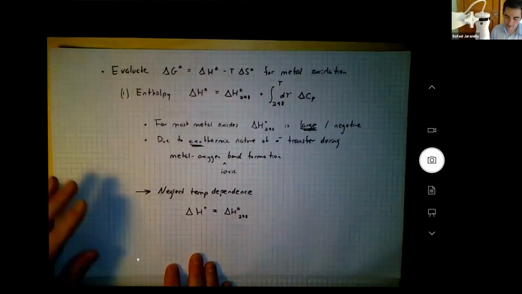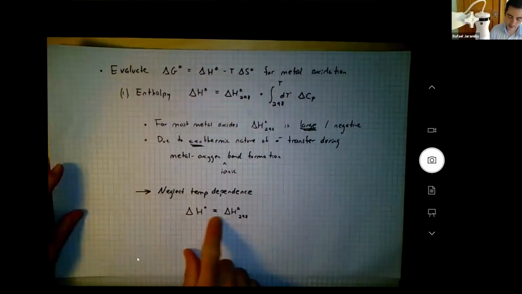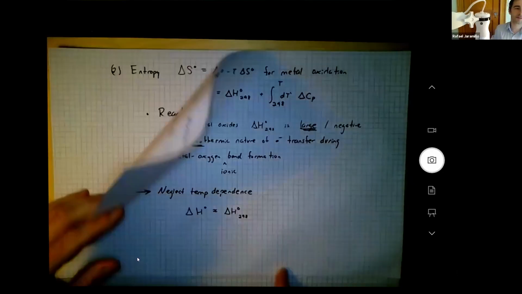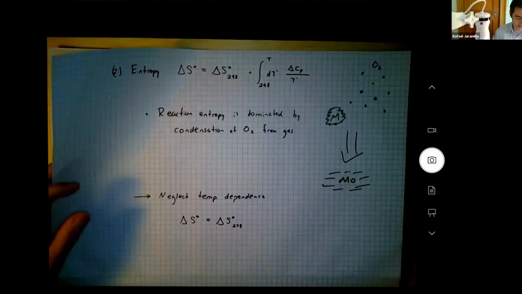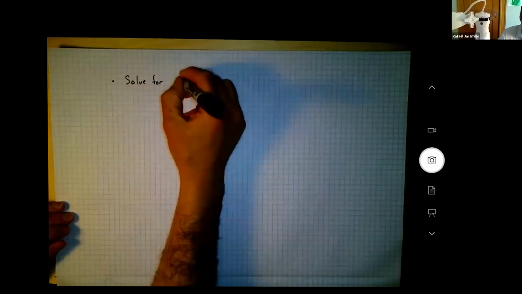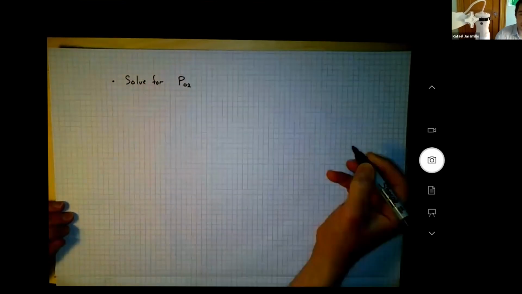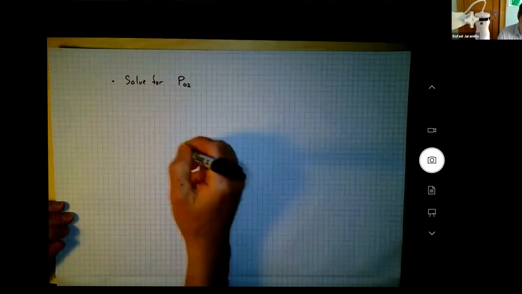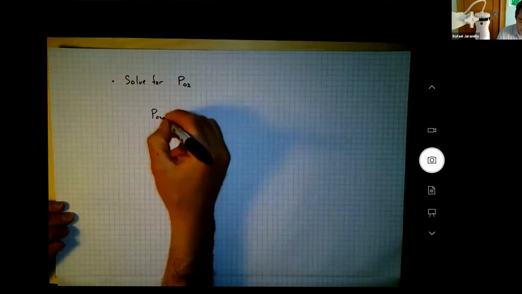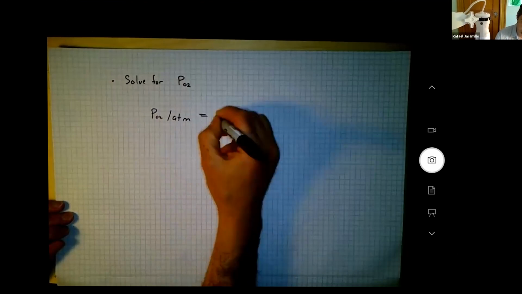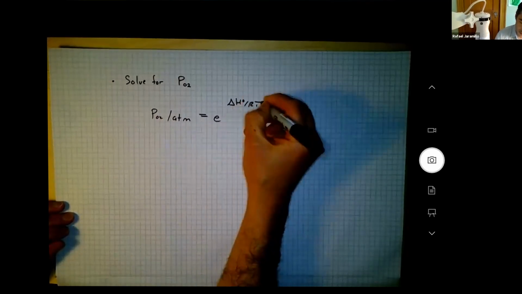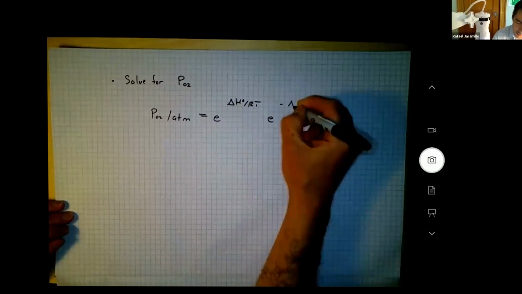We can neglect the temperature dependence of the enthalpy and of the entropy, and this makes our lives even easier. We can solve for that oxygen partial pressure: PO2 in atmospheres equals e to the delta H naught over RT, times e to the minus delta S naught over R.